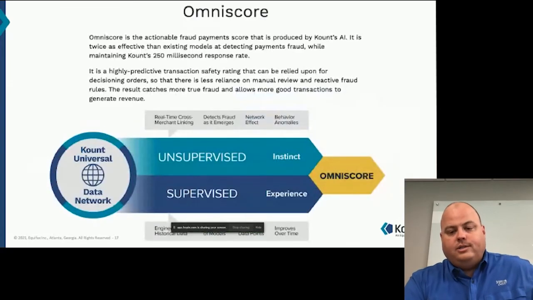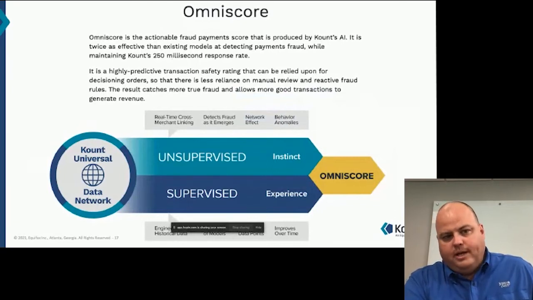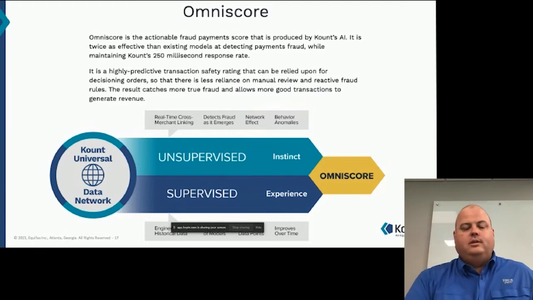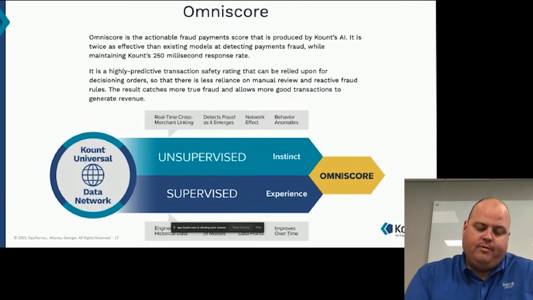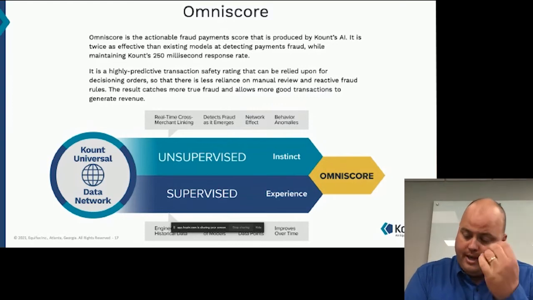What this meant for us at Count, we used to have two different machine learning scores. One was based on a real-time network linking approach, which was unsupervised, meaning that there is no outcome data used to train those machine learning models. And then we developed a supervised model that does use the outcome information. And these were presented to the customers as two different scores, and we had a lot of issues around that.